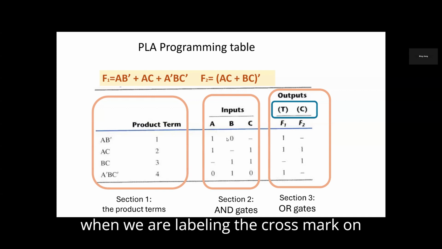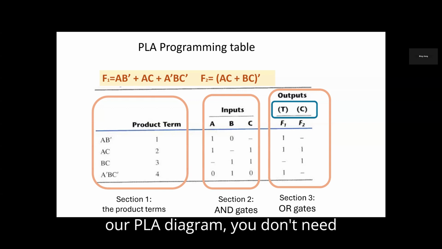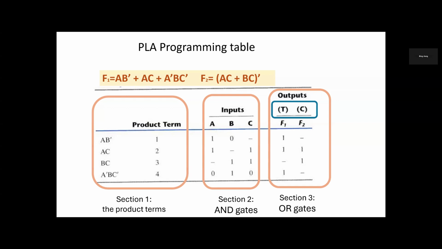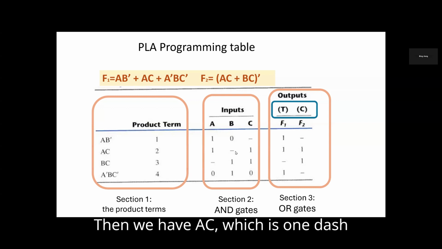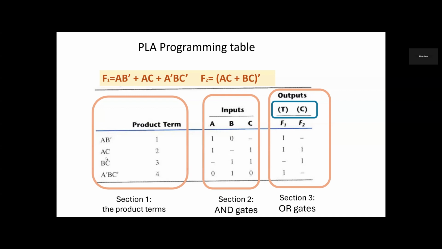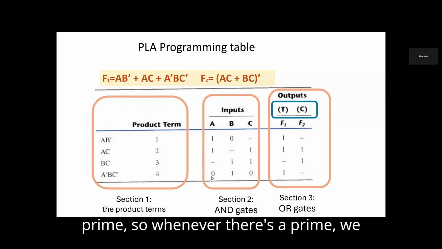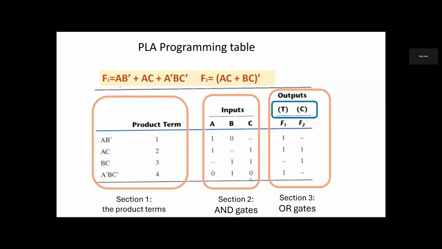So when we are labeling the cross marks on our PLA diagram, we don't need to label anything on C. Then we have AC, which is 1 dash 1 because B is not in this expression. And then BC is dash 1 1, and A prime, B, C prime. So whenever there's a prime, we use 0, so it becomes 0 1 0.